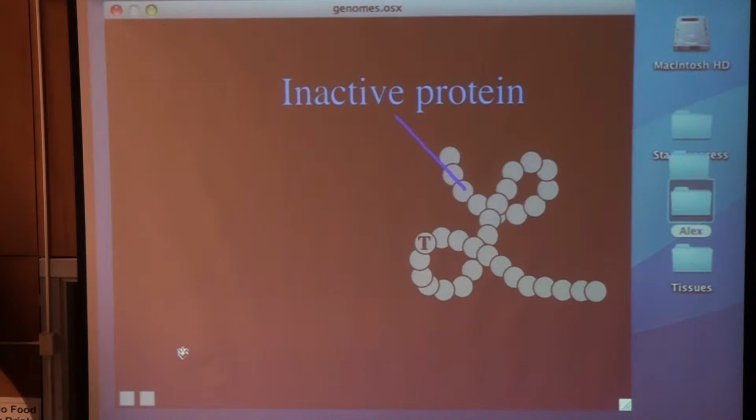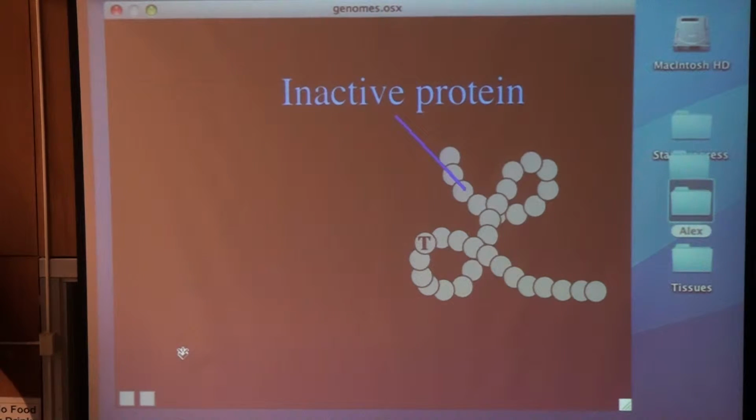Another type of differential gene expression that can happen at the protein level is this. We've talked about how certain proteins only become activated when they are phosphorylated, meaning that phosphate groups get attached to some of their amino acids. So like this protein is normally in an inactive state, but if a phosphate group is attached to maybe one of its tyrosine amino acids, it folds itself into a slightly different conformation, slightly different structure, and then becomes active.